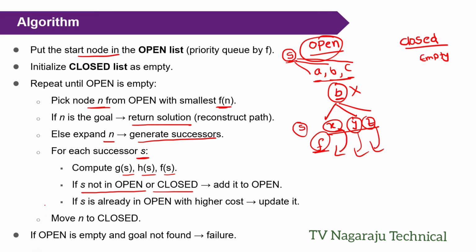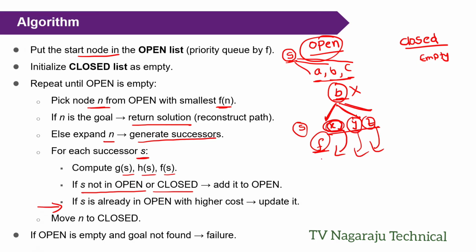The most important point is, understand carefully, B is expanded to X, Y, Z, but right now they are not placed in the open list. After expanding, I calculate all the values for X, Y, Z, and if any node is not in the open list till now, simply add that node.